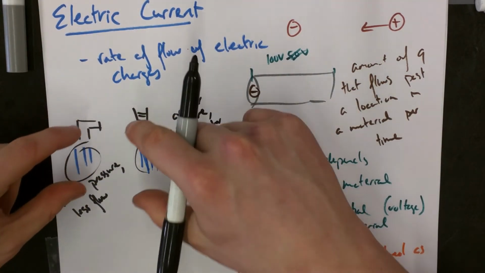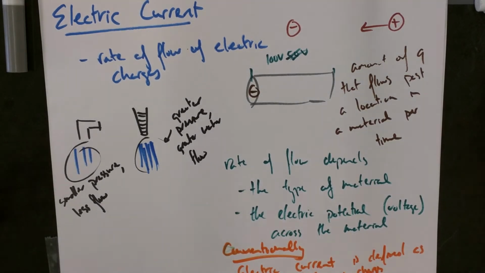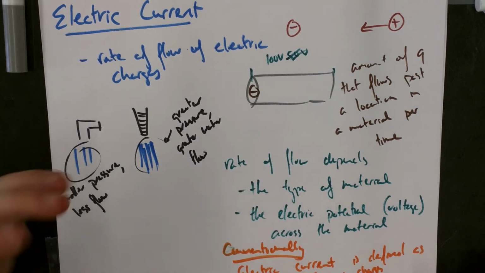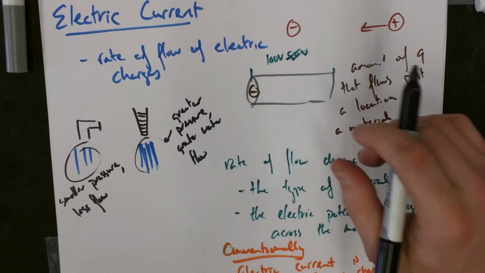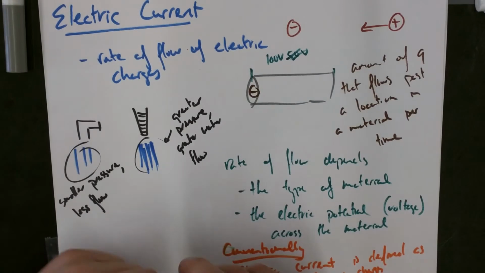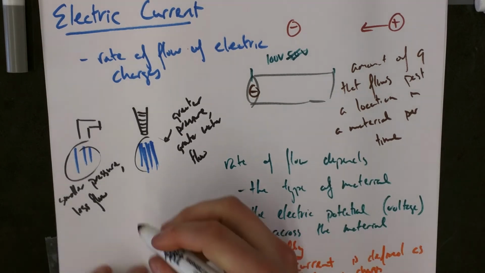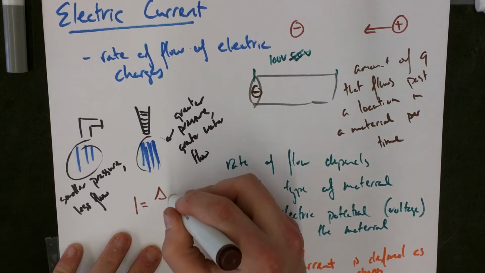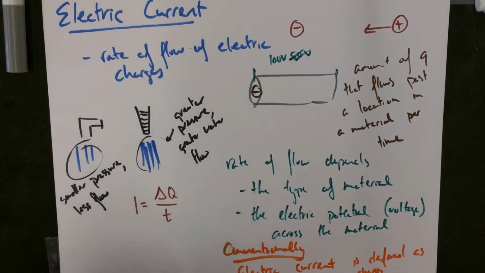The pressure itself relates to the electric potential. So if there's a higher electric potential difference, then there's a greater pressure of electrons, in the case of electricity, to move through a material. And we could express this algebraically like this. The current is the change in charge over time, or the movement of charge over time.